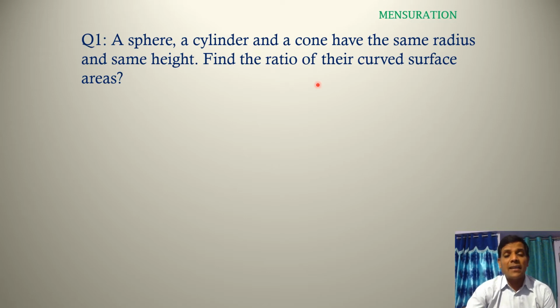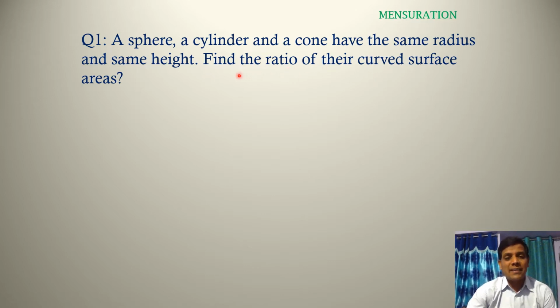First of all, you have to write the analysis. Based on the question, this is a medium level question. What is given? Sphere, cylinder and cone have the same radius and same height. This is the given data. What is the unknown value? Find the ratio of the curved surface areas. This is the unknown value.